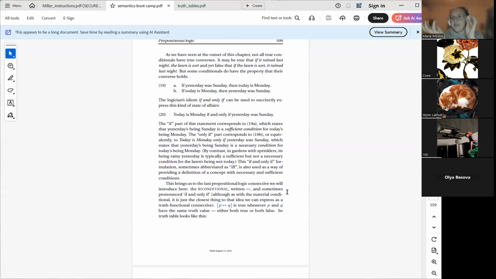So not everything we can convert. But some conditionals do have the property that the converse holds. When they say holds, this means that it renders true. So the conditional holds and its converse holds.